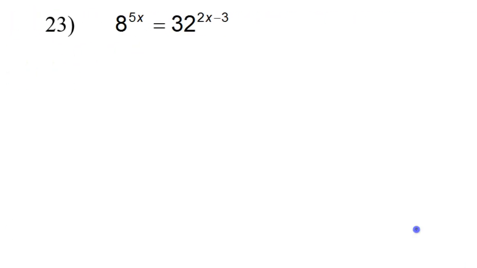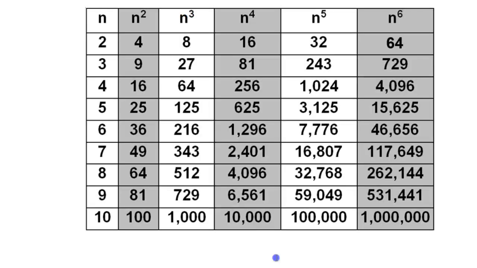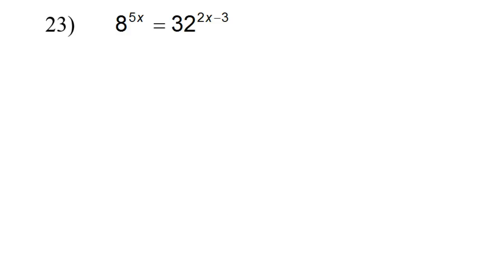Number 23 is very similar. We need to write these as the same base. Now I'm looking at the 8, and if I look at my chart, base 8, I got 64, 512. The very first number, there's no 32. So what am I going to do?